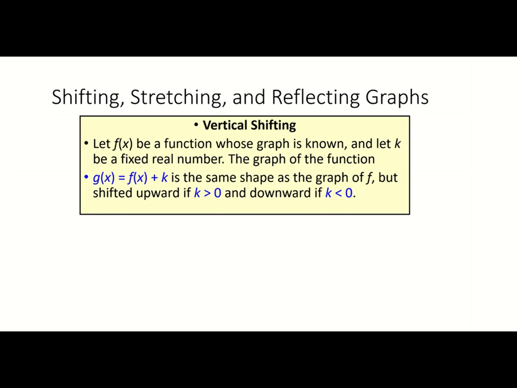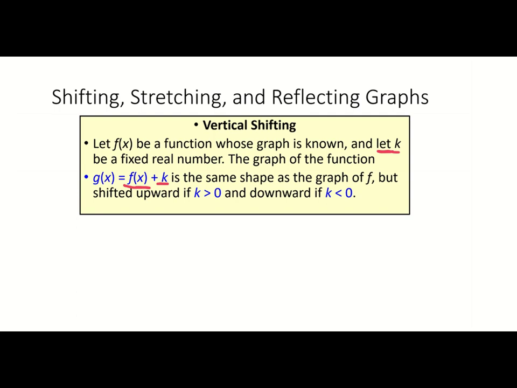So now we looked at horizontal shifting, but you can shift the graph vertically as well, or along the y-axis, so up or down. And that vertical shifting is going to be your k value that you're going to add to your graph. Here, you're going to take the original function, and you're going to add or subtract a number, depending on the sign of the number.